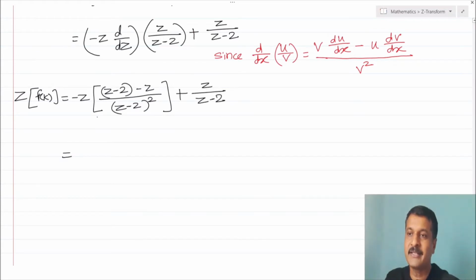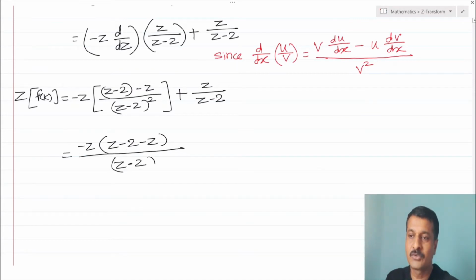So if we simplify this, I am getting minus z in bracket z minus 2 minus z, whole divided by z minus 2 whole square, plus z upon z minus 2.